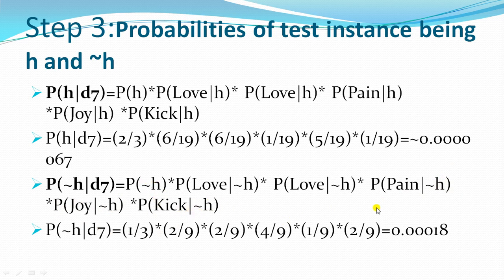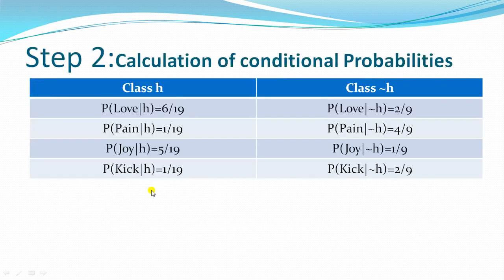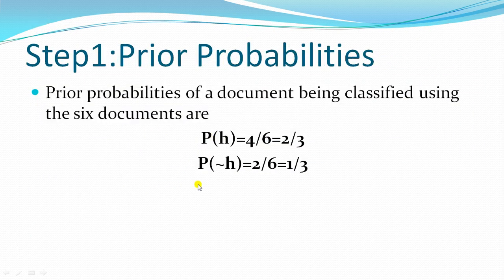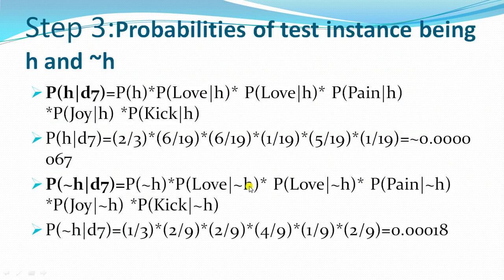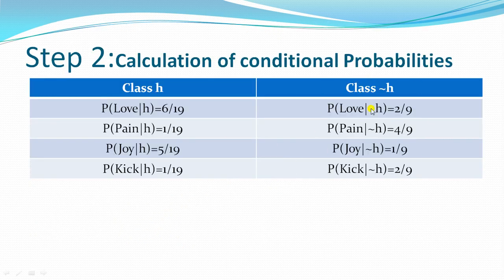Now we have already calculated these values. You can go there, that is P of negation of H. Just go on substituting. After substitution, it will be 1 by 3 into P of love. Here you can see, with respect to class negation of H, that is the no class, this one is the yes class and this one is the no class.